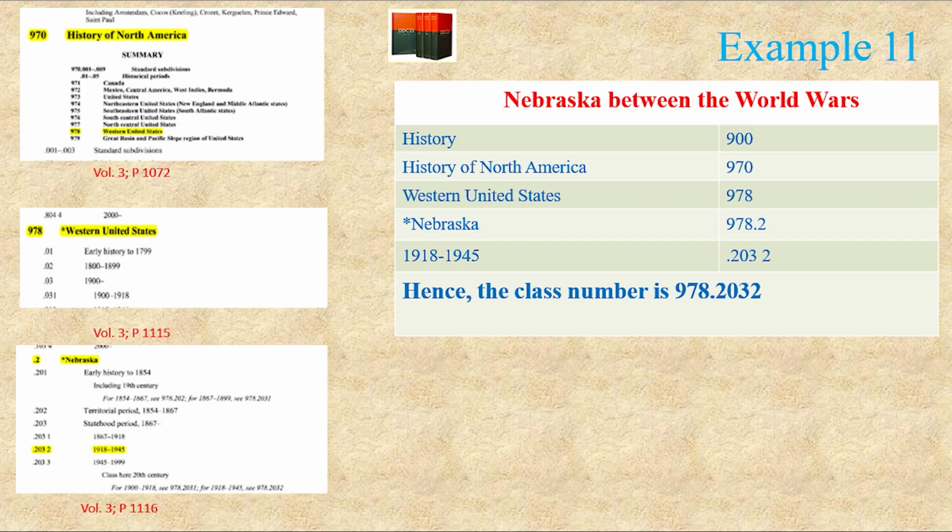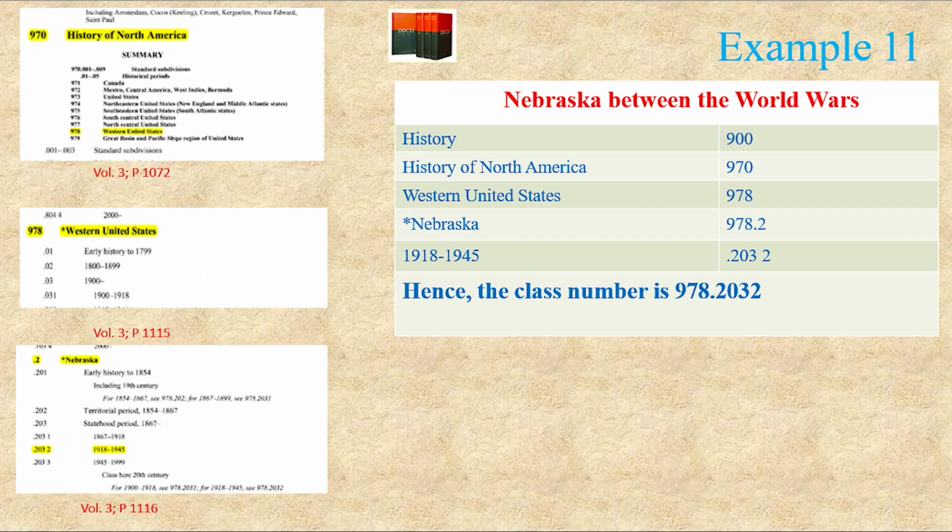Come to the next example. Here is another example: Nebraska between the world wars. This is another example from North America. First, identify the key elements. Geographic focus is Nebraska, then the historical event, the world wars, 1914 to 1945. Now step 2, determine the main class.